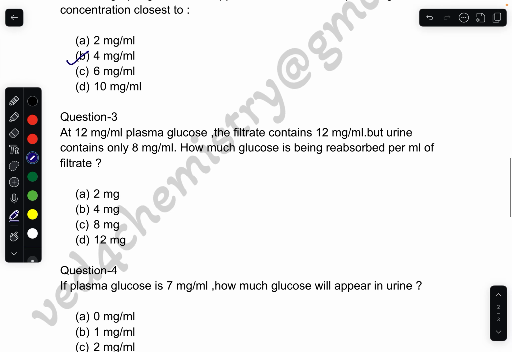Next question: at 12 mg per ml plasma glucose, the filtrate concentration is 12 mg per ml. We all know the filtrate value is equal to the plasma glucose, but urine contains only 8 mg per ml. How much glucose is being reabsorbed per ml of filtrate?